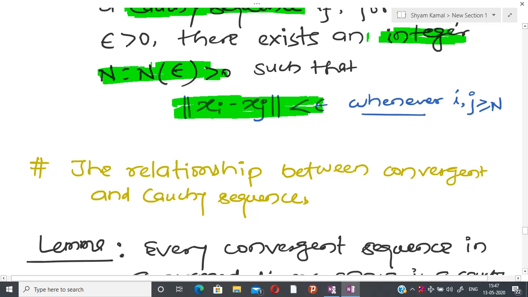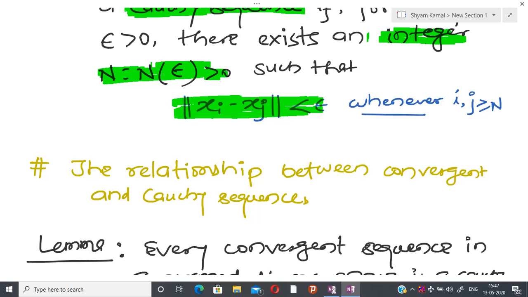That is the definition. Thus a sequence is convergent if its terms approach a fixed element arbitrarily closely, whereas a sequence is Cauchy if its terms approach each other arbitrarily closely.